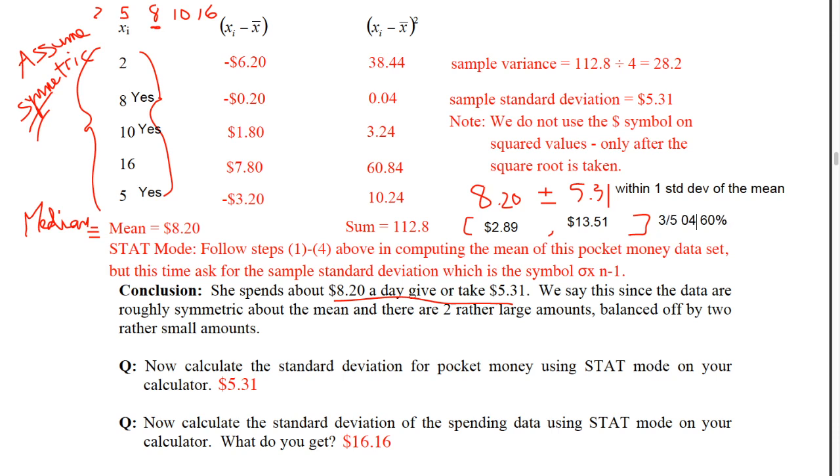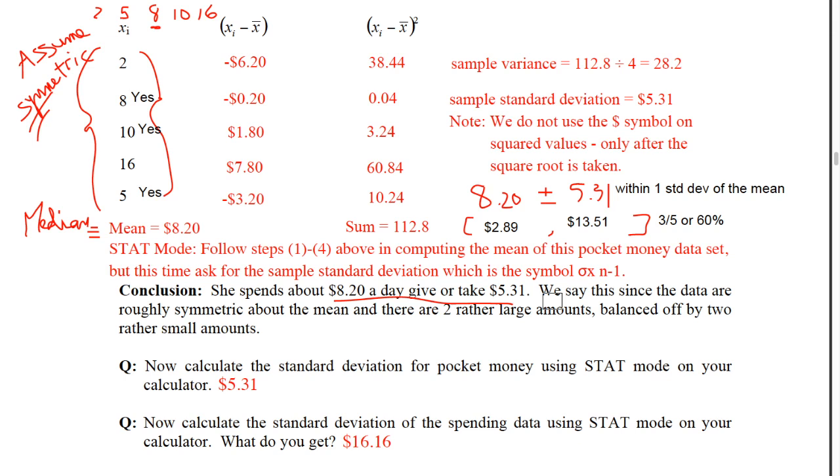So when you write a statement like $8.20, give or take 531, you're speaking about the majority of the data in the middle, but you're not speaking about all of the data. Okay, and it usually will be the case that just one standard deviation when data are symmetric will give you the majority of the data. So that's 60%.